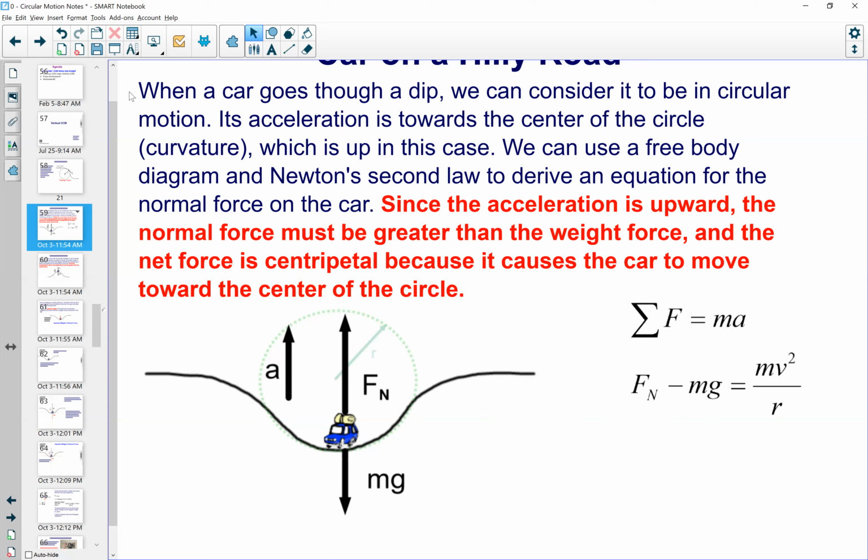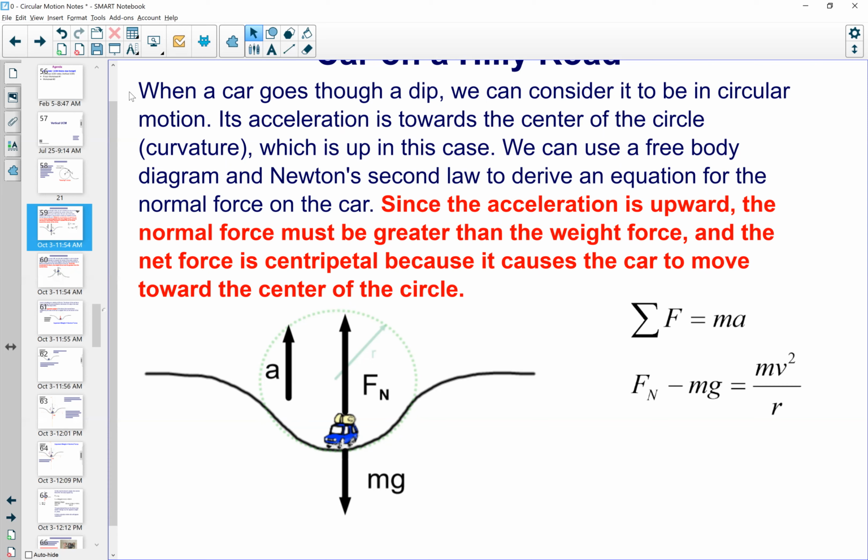And now that we know where the circle fits, the acceleration is always to the center of the circle, because that's literally what centripetal means if we translate it, right? It's center seeking. So if we know where the circle is, then we know the acceleration is to the center of that circle. That means the acceleration for this car at that position on the kissing circle would have to be up to the center of the circle.